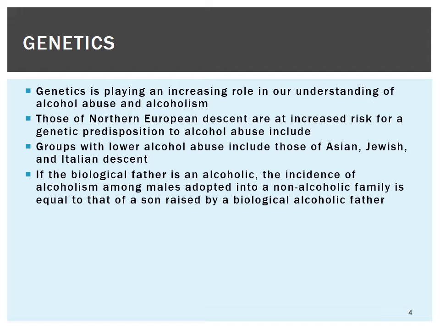Maybe dad exposes the male child to alcohol at an early age, and so what do we get? We get alcoholism rates that are equal to if the son had actually been a biological offspring of the father. So remember, it's a biopsychosocial model. Biology plays a role, psychology plays a role, and so does the social environment. And here we have a strong illustration of the importance of social environment.